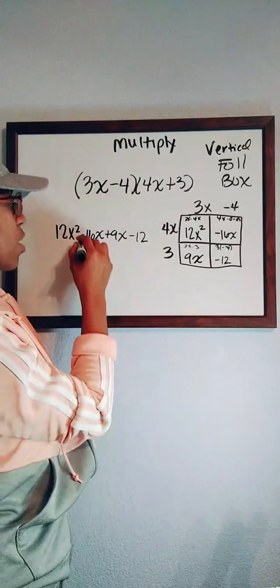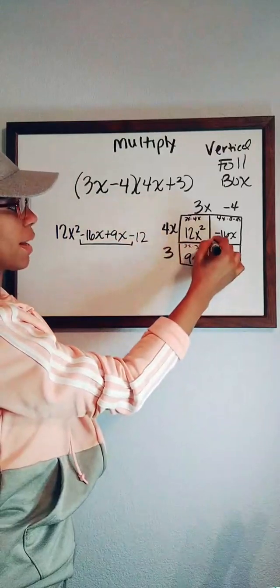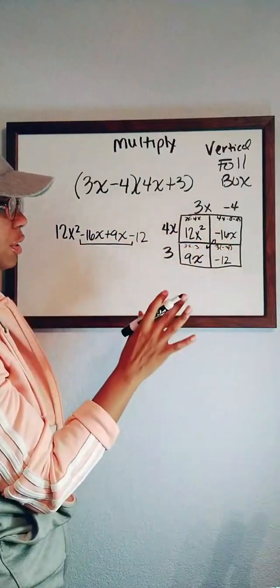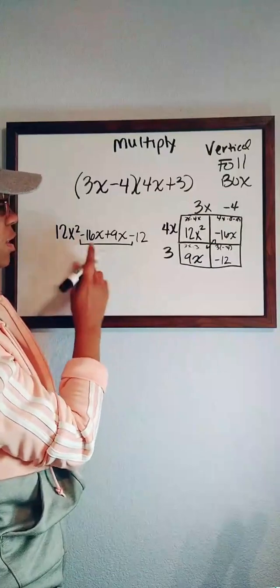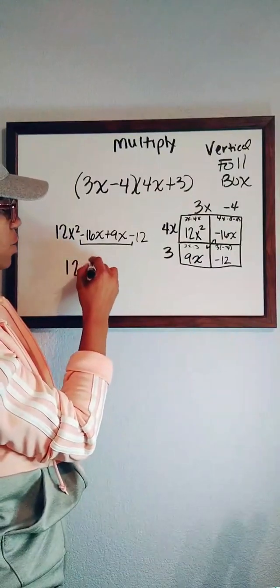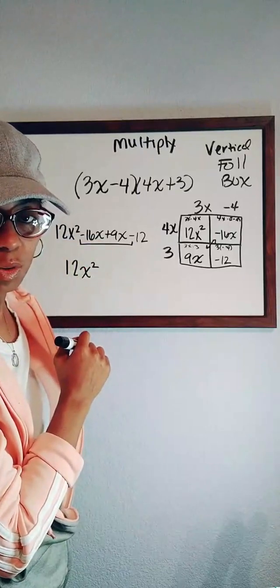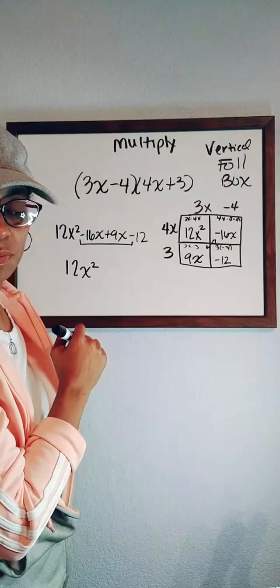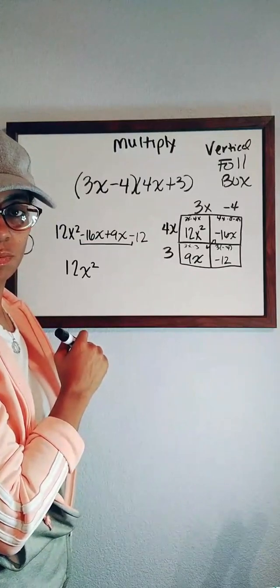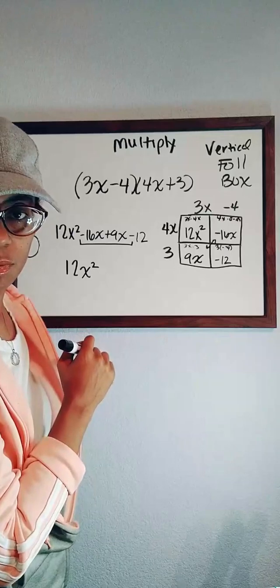Add like terms. My like terms are usually on my diagonal. Usually. But if you write it out, you can see it better. So now I have 12x squared, negative 16, and positive 9. Reduce, simplify down to what? Yes.